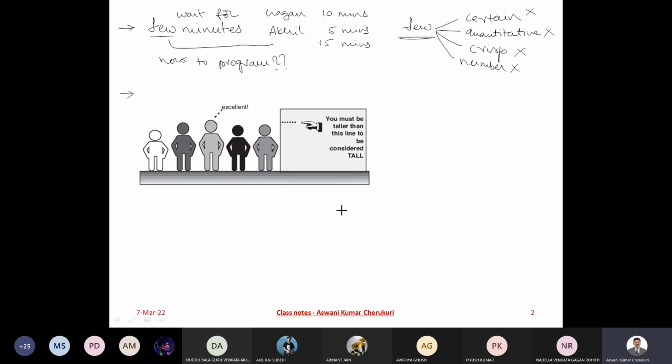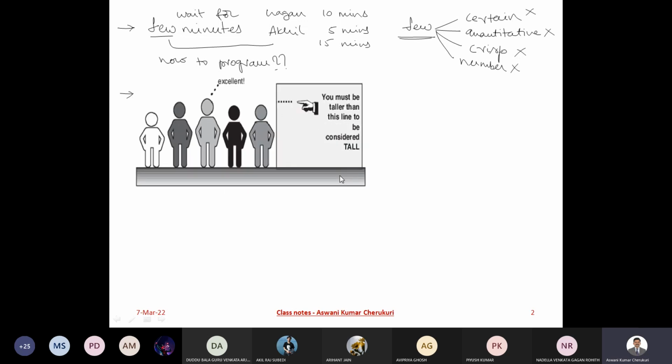We are saying that you must be taller than this line. Imagine this is the line, I'm just making it a yardstick. The rule says that you must be taller than this line to be considered tall.